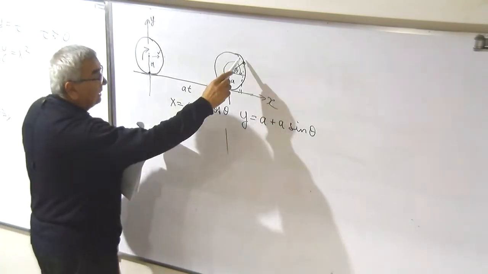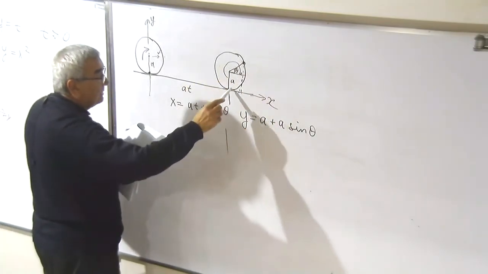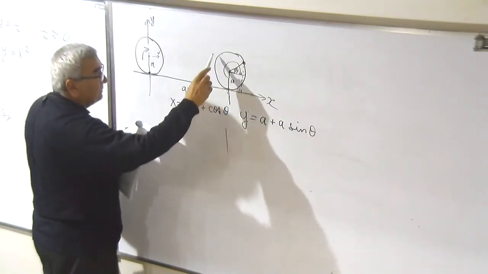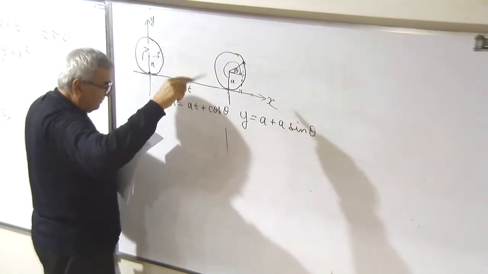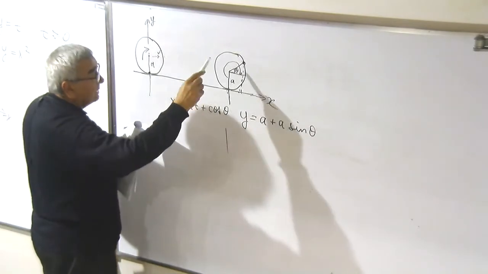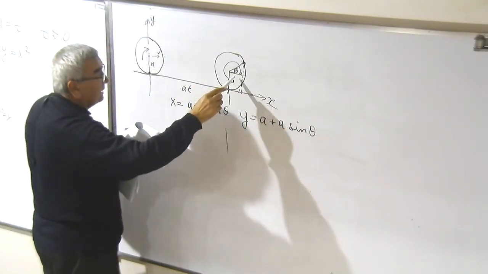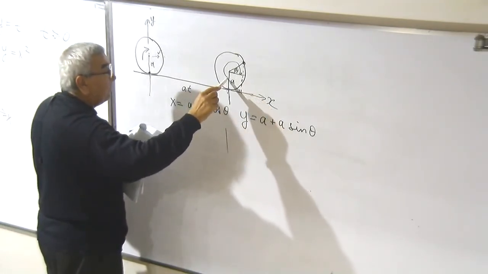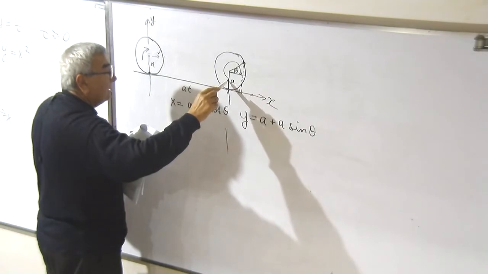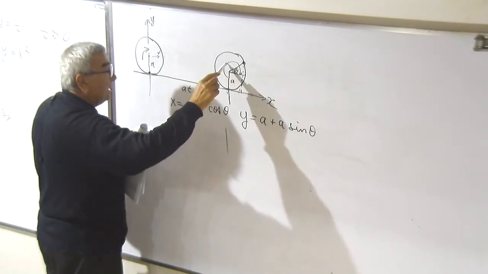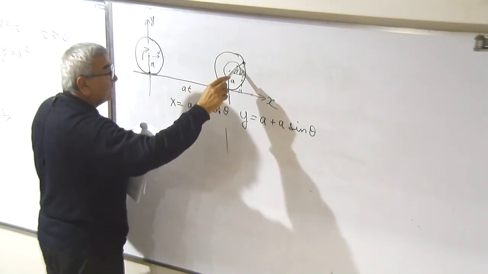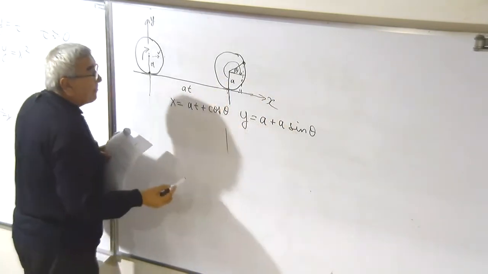If there is one rolling, one revolution, the angle will be 2 pi, but from the 2 pi it is necessary to subtract this one. Or it is possible to take the following: to this angle it is necessary to add this angle.